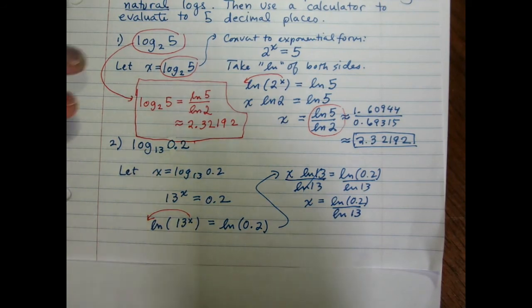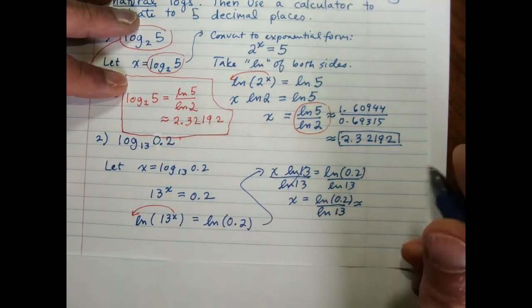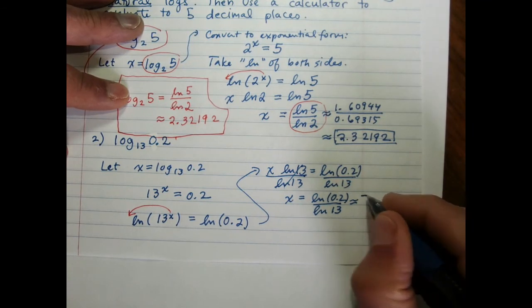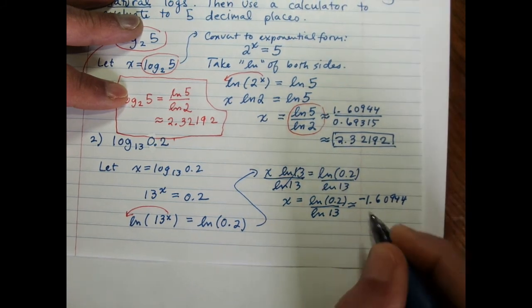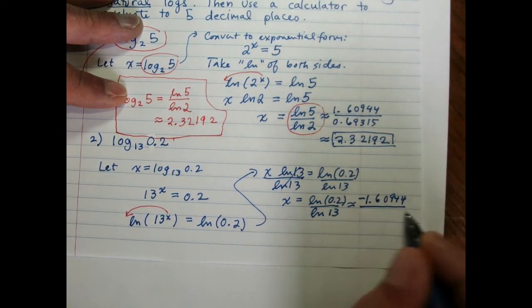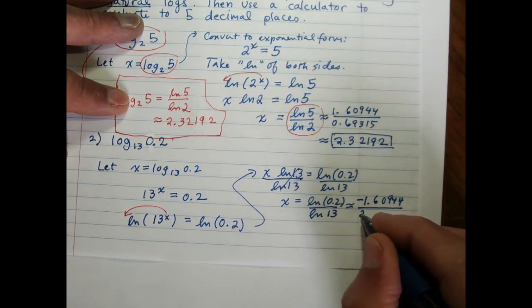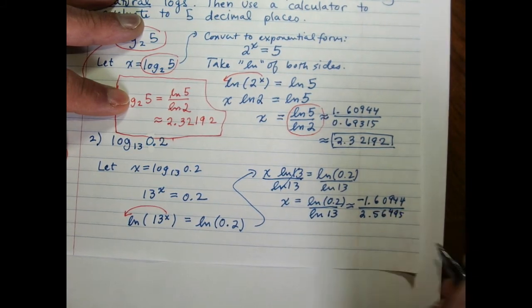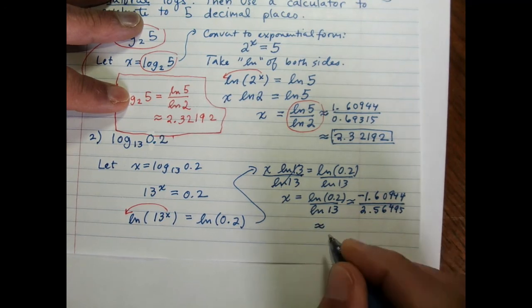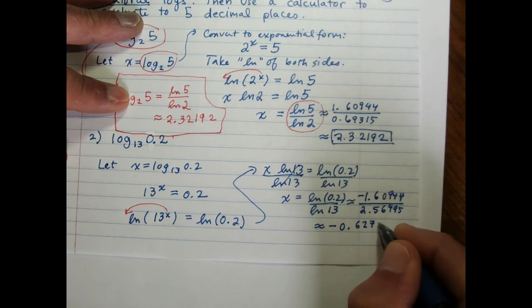And I went ahead and did that already here. ln of 0.2 is actually negative 1.60944, rounded off. So that's a negative value of that log. Divided by ln of 13, which is 2.56495. And when I divide those out, I got negative 0.62747.